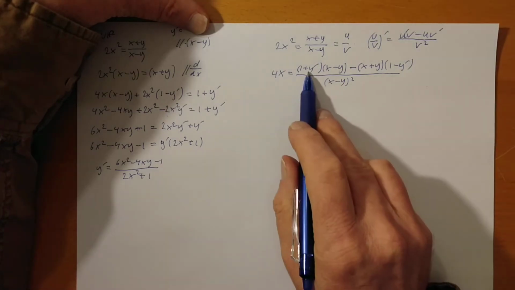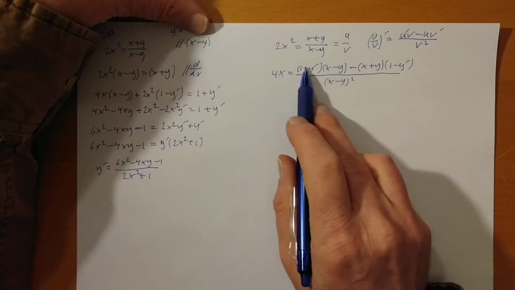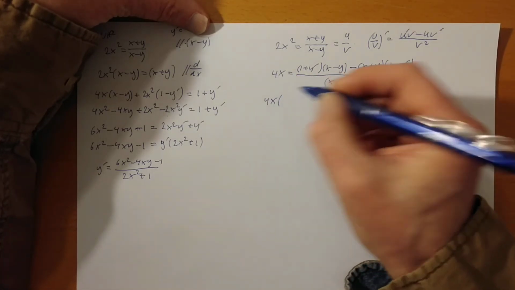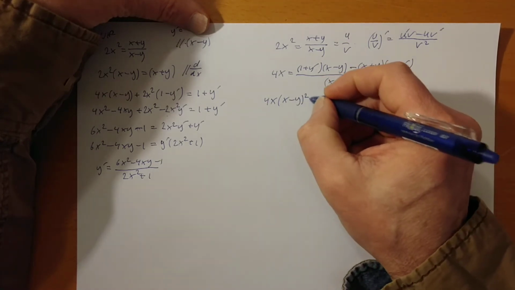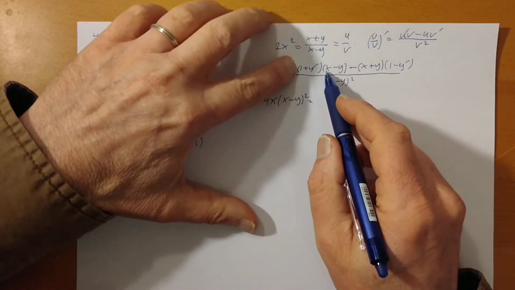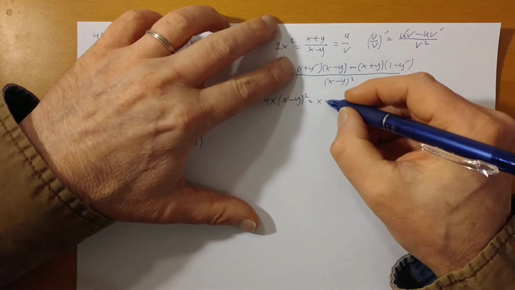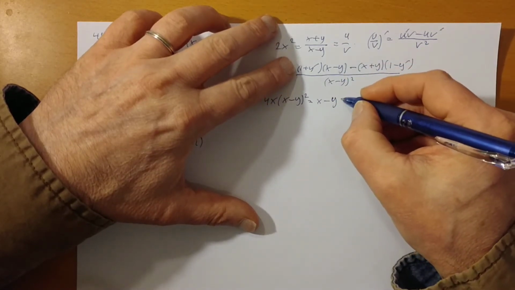Next thing we need to do is make y prime our subject, and to do that we will multiply this up and then expand. So 4x times (x minus y) squared equals this. Now to expand this one, 1 times x, so that will be x minus y.